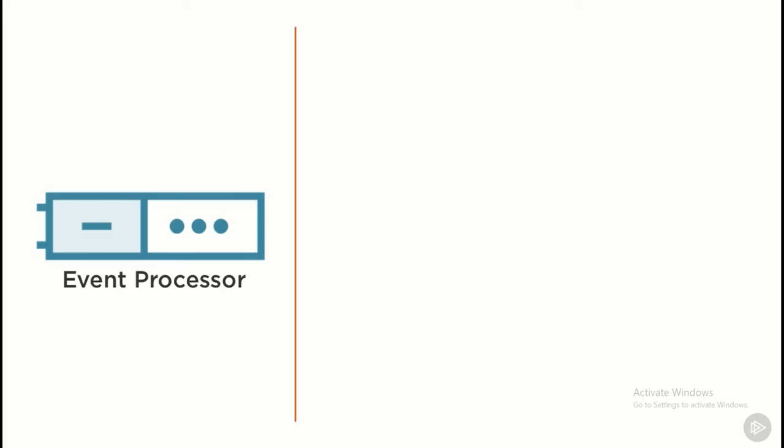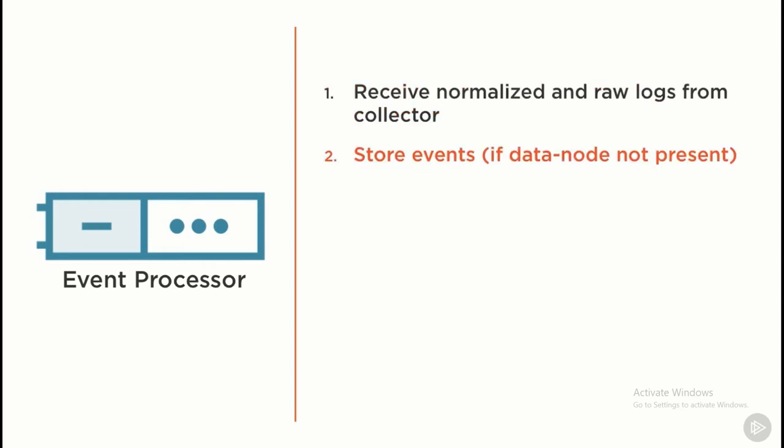Now let's take a look at the event processor. First of all, the event processor will receive the normalized and coalesced logs from the collector. Then it stores events locally if a data node is not present. If you have a data node associated with the processor, the logs will be stored in the data node.